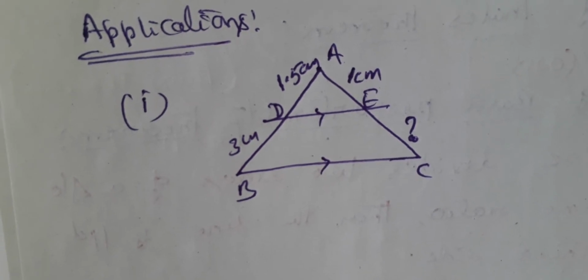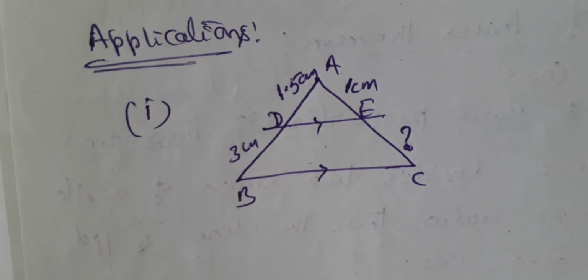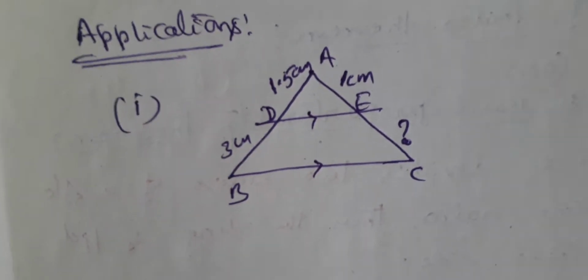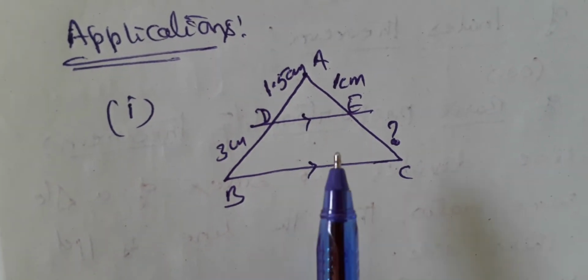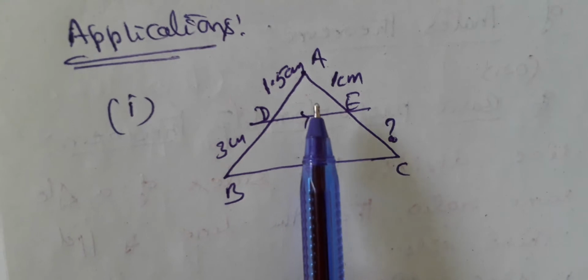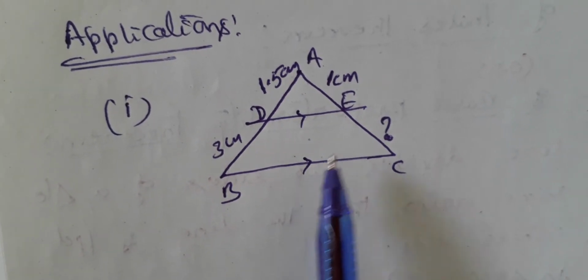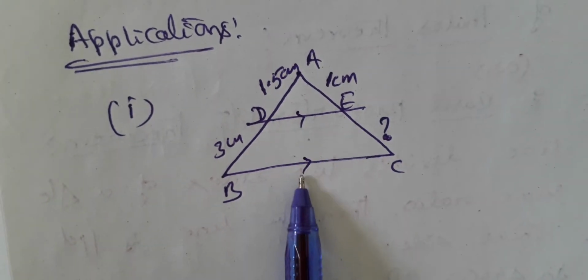D is a line which is, whenever arrow marks are given like this, that means from the figure we can say that DE is parallel to BC. Please mind this one. Always in similar triangles, remember, unless it is given in the diagram or specified in the problem, you cannot assume that this is parallel to this.